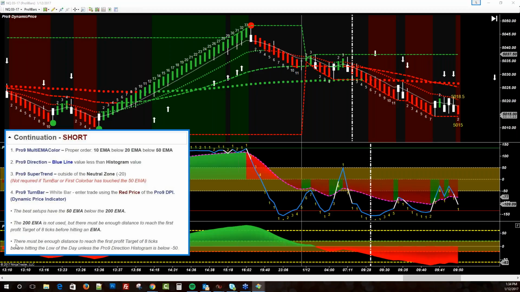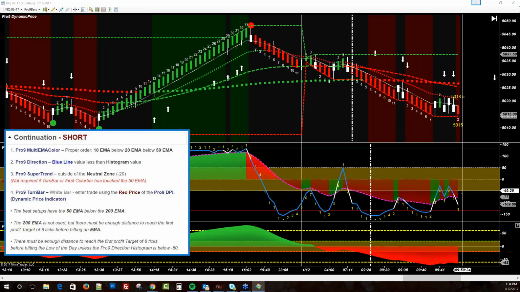So generally, we want to have enough room to hit our profit target before running into the low of the day, as there is a risk of bouncing off, unless our direction histogram is outside of its neutral zone. So here we can see it is clearly outside of its neutral range, which is this gold area in here.